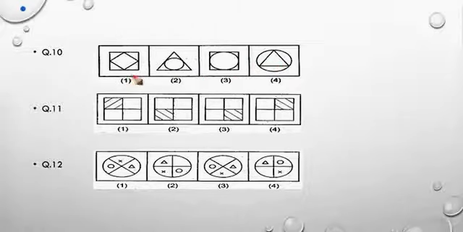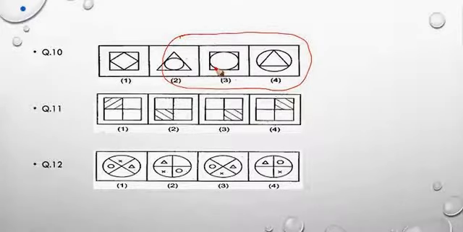Whereas in case of problem figure 1, there is no circle. So these 3 problem figures, second, third and fourth, are sharing a similarity, and problem figure 1 is standing out as an odd man out figure. So the answer for this question number 10 is 1.